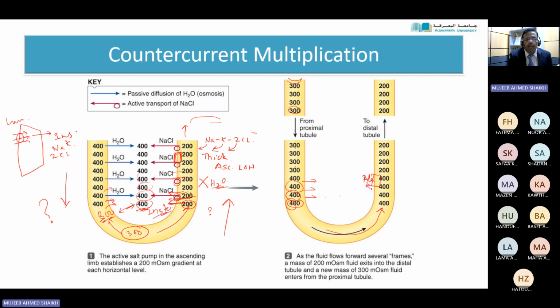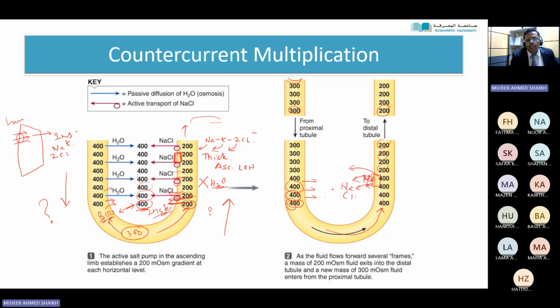This concentrated solution goes to the ascending limb, where you have the sodium potassium 2 chloride channel. Now they are receiving a very concentrated solution, so they will use their ability to remove the sodium, chloride and potassium very fast. It will take the solutes out and the osmolarity will decrease from 400.